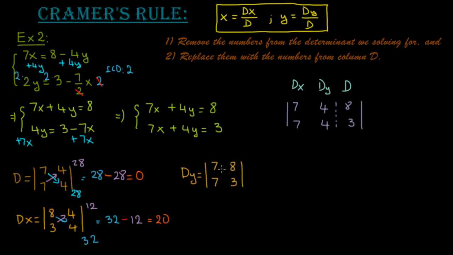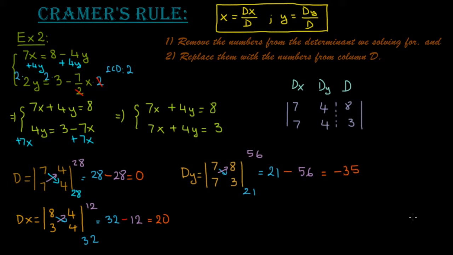With Dy as well, 7 times 3 gives me 21, 7 times 8 gives me 56. 21 minus 56 will give me negative 35.